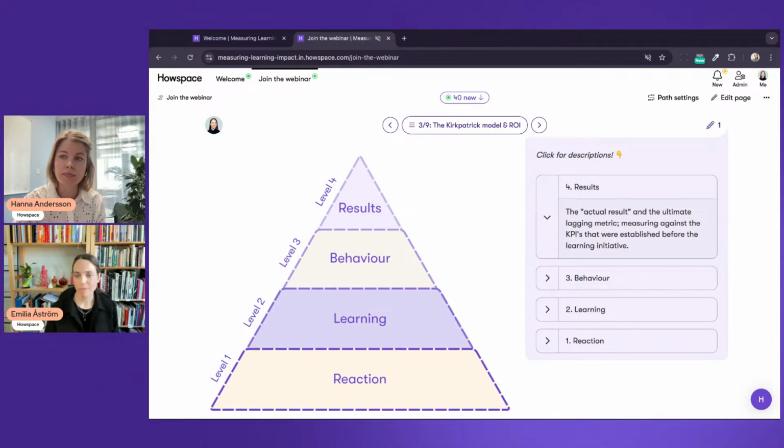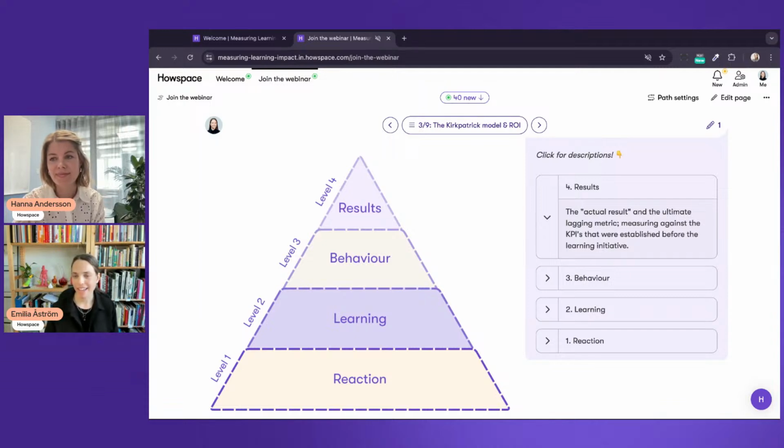So to wrap this up, when we talk about results, we're really talking about the bigger picture. If the learning effort actually created the change we were hoping to achieve. And as you know, impact doesn't always show up in the numbers, and it's not always what we're looking to achieve. And traditional ways of calculating ROI doesn't always capture the full value that we get out of the learning.